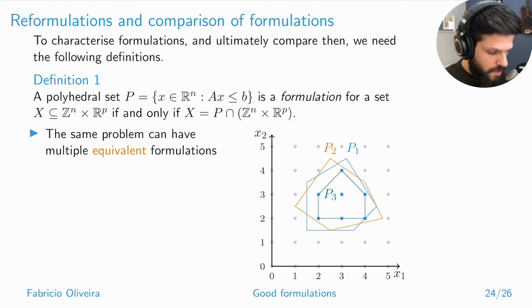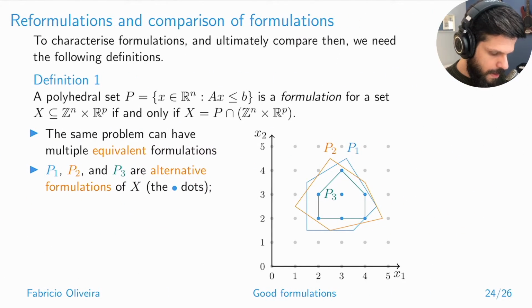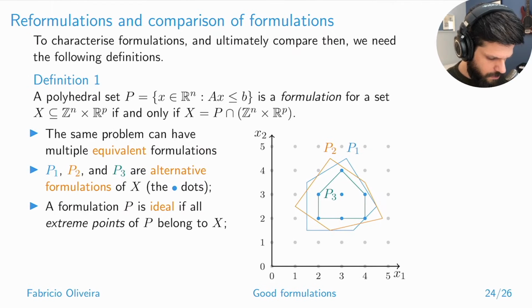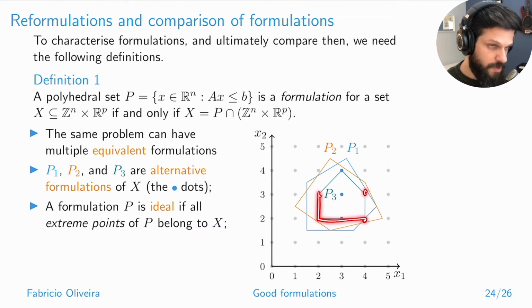Okay, so you can think of X being the set of little dots, which is what is in here. So these are alternative formulations for them. And you might have noticed something interesting about these 3 examples. So the main difference between P1, P2, and P3 is that I can't really tell much about P1 and P2, but P3 is remarkable.